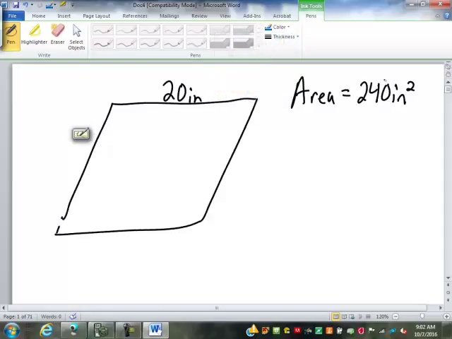Say yes. Because we know the area is found by taking 20 times this length here, right? So this length, I can just go backwards. I divide this by 20. 240 divided by 20, that has to be 12 inches. Does that make sense?